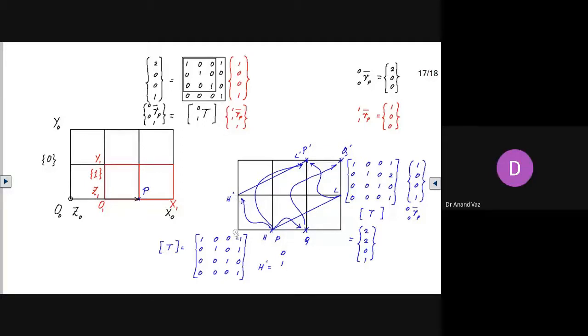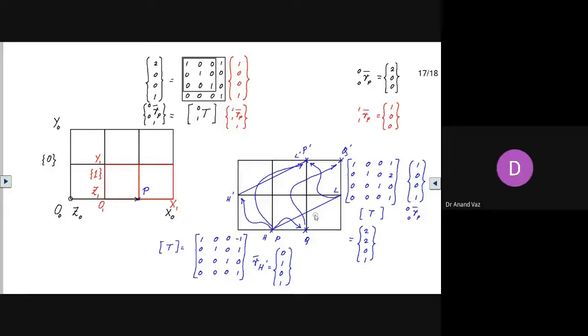Okay, and you can see that the y coordinate of H dash is indeed 1. Here when you multiply 0 0 0 0, so here you will get 0 and here you will have 1. So the position vector for H dash changes.